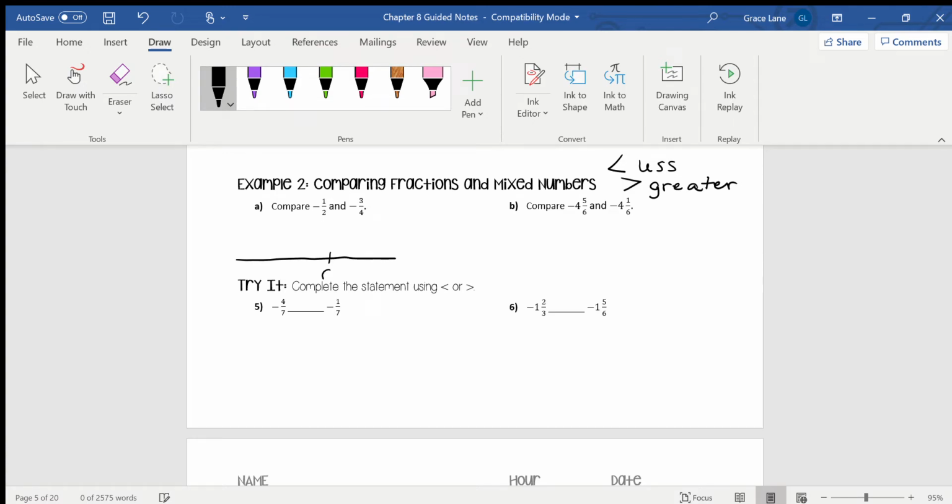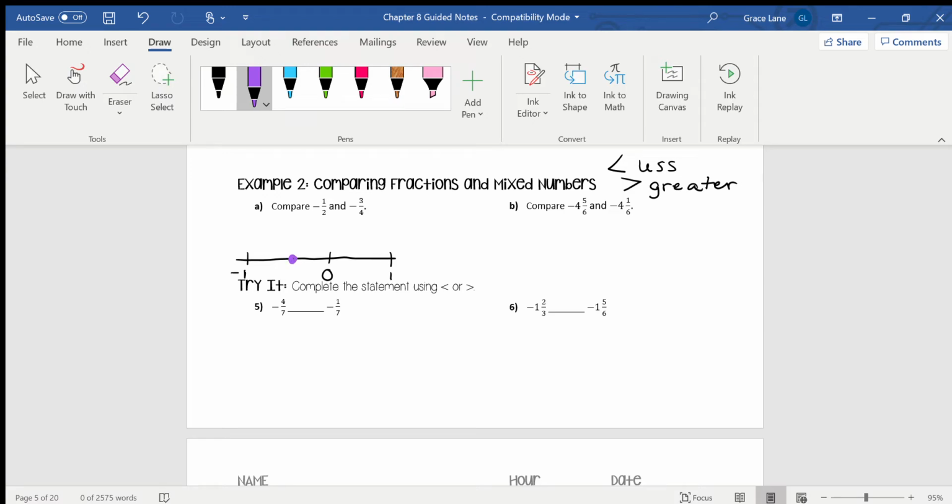Put 0 here, +1, -1. And then if I want to grab -1/2, I know that +1/2 is right in between 0 and 1. So I know that -1/2 is between 0 and -1.